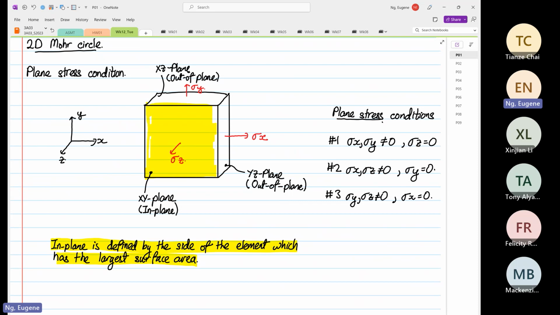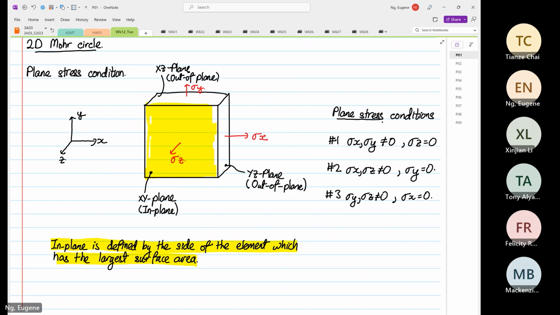Now, do not have the misconception that the in plane is always going to be the region where it fails. Not necessarily true, so don't have that misconception. It's just the way we address it. XY plane with the largest surface is our in plane. YZ is our out of plane, and XZ is our out of plane for this case, just purely because the surface area that we draw is smaller.